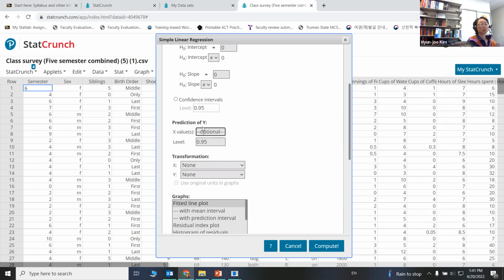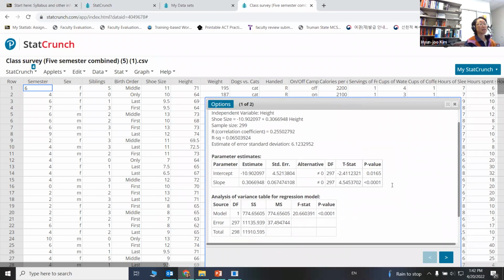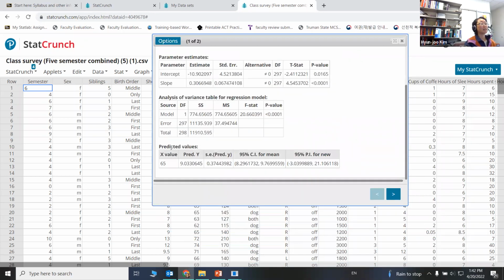I'm just going to put 65 inches there and compute. And then what you're going to see is it adds this extra predicted value component there. And this part is actually the answer of our equation.